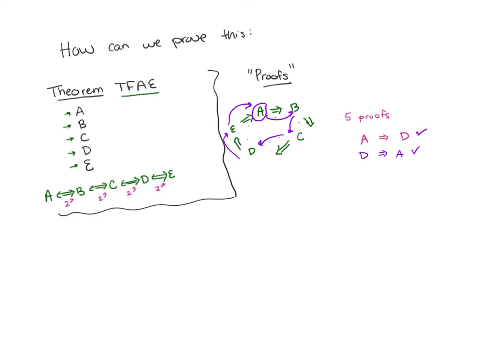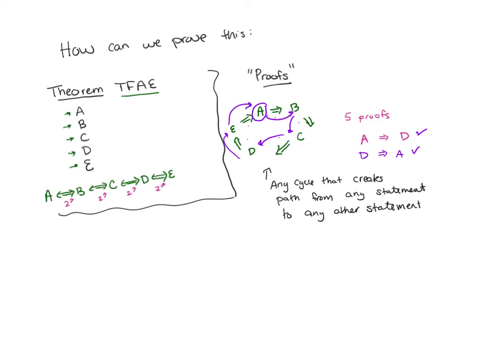So really my proof is just going to be any cycle, any collection of arrows that creates a path from any statement to any other statement.